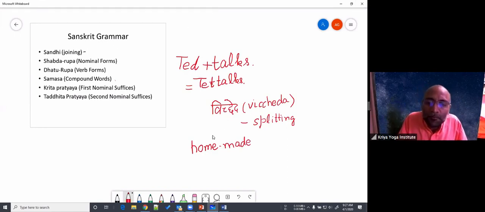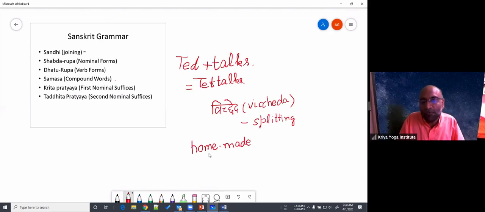This word neither refers to the home nor just made. It actually refers to a thing which is made at home. So here is a compound word which gives you a meaning different from the component words.